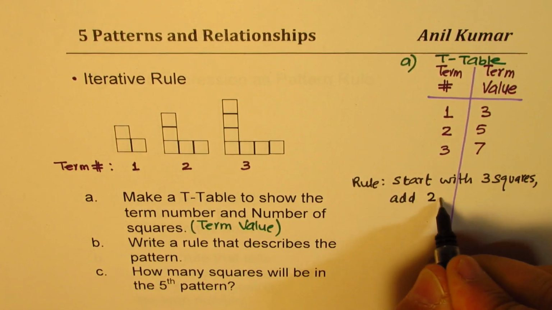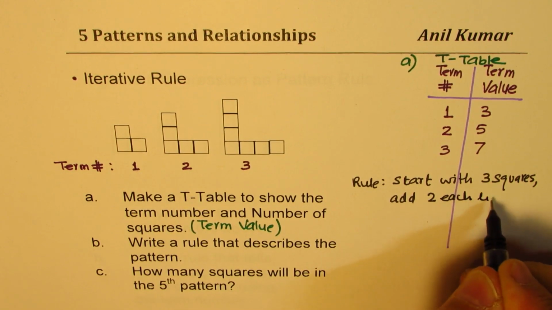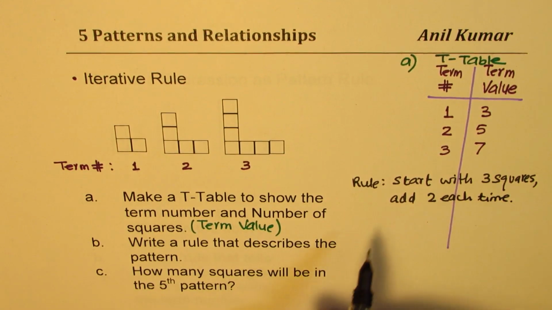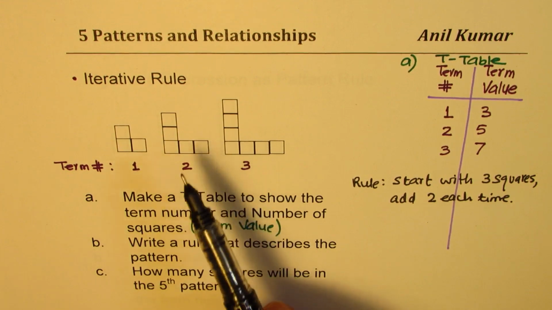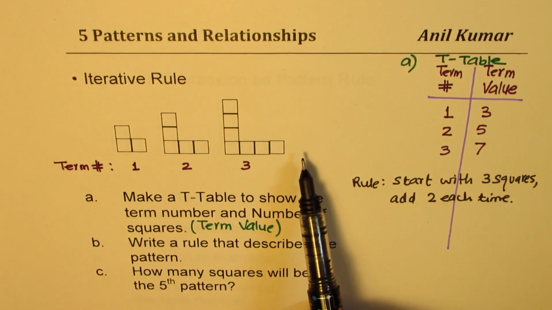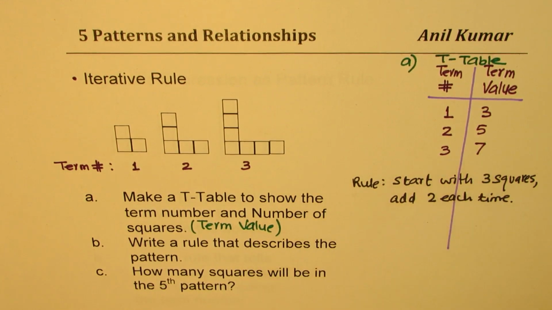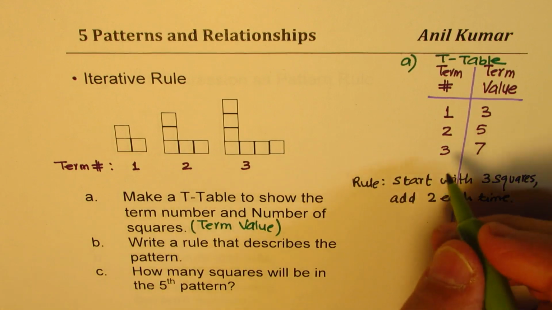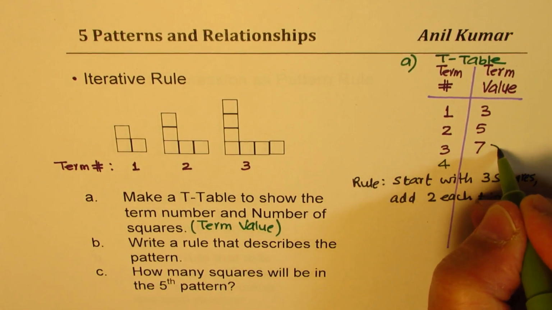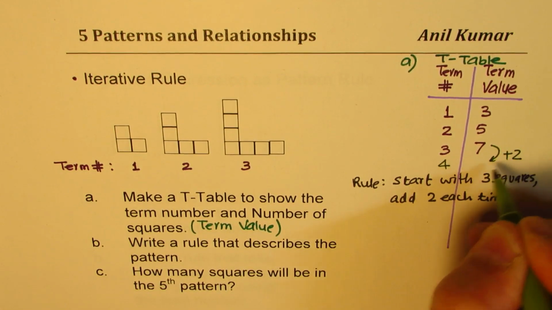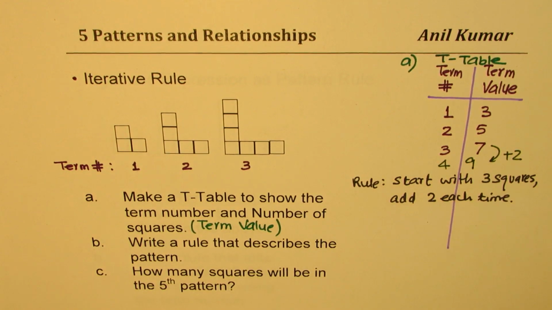Add 2 each time. Right? So if I want to know how many squares will be there in the fourth one, we have to add 2, correct? So if you add 2, you get 9. Perfect. So that is how this pattern is growing.